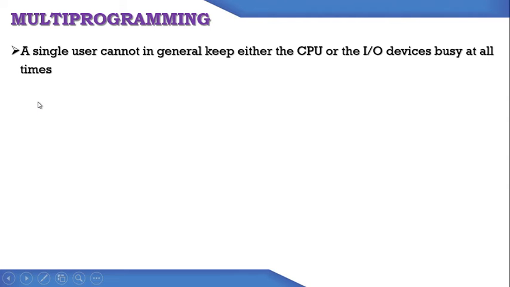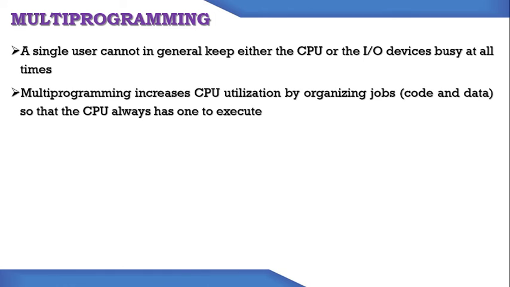If you don't have multi-programming, when a single user wants to execute a particular task, it will use the CPU, and until the task is completed, no other user can use the CPU or the IO devices, because it is not capable of multi-programming.